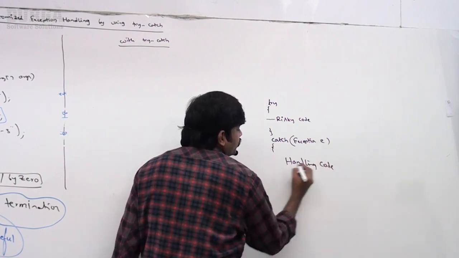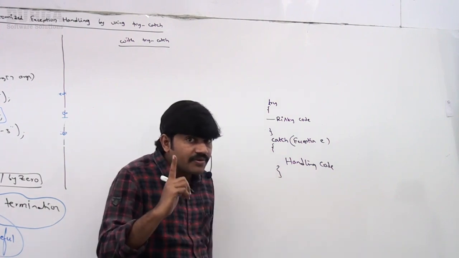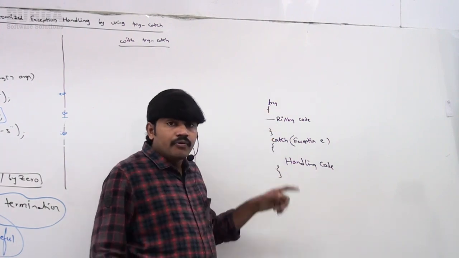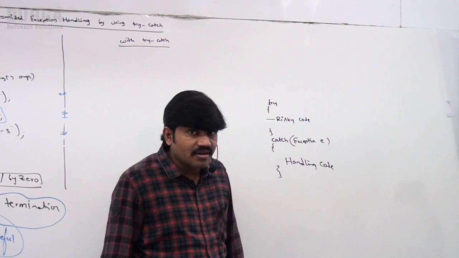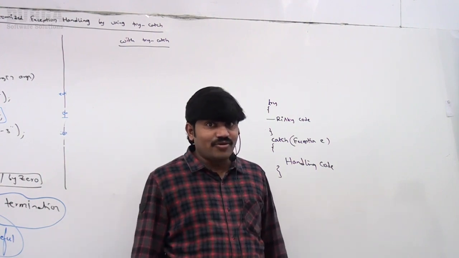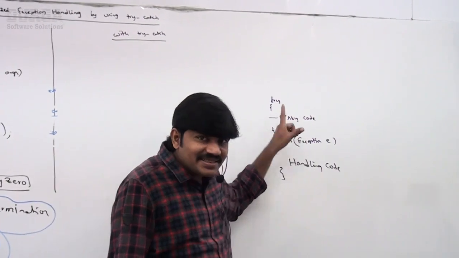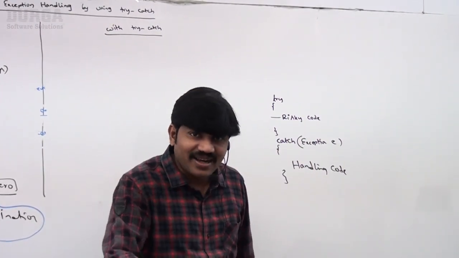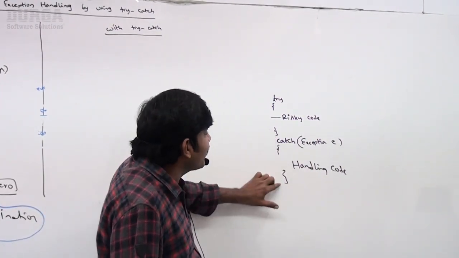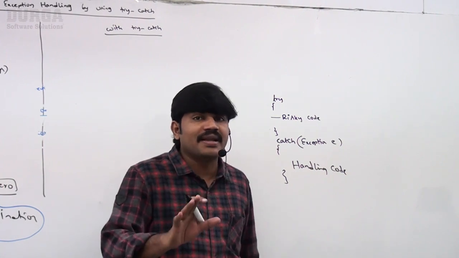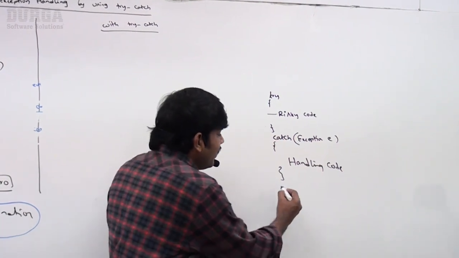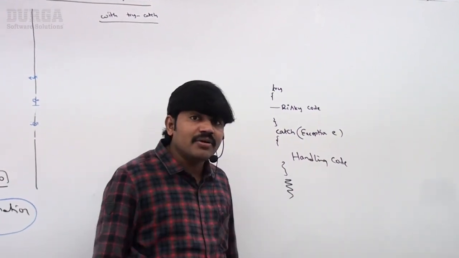The code which may raise an exception is called risky code, but not whiskey code. Whiskey is also risky only, right? Inside the risky code, if an exception is raised, then immediately the corresponding catch block is going to handle it, and once handled, the remaining code will continue normally.